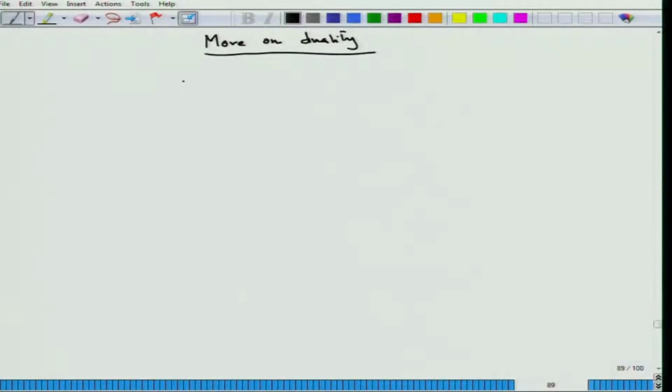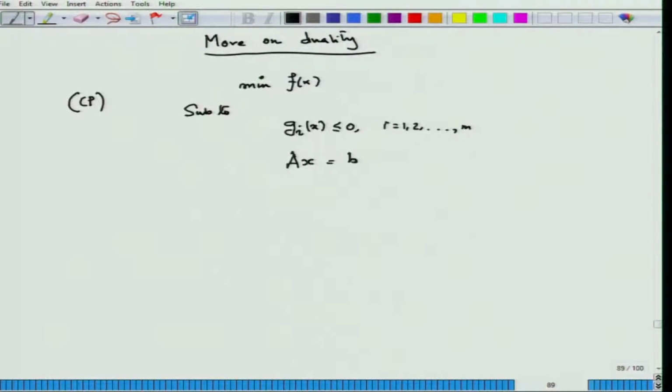So, let us first look at the more general convex optimization problem, CP, in the more general form, where you are asked to minimize a convex function f subject to the inequality constraints and A of x is equal to b, where A is a k cross n matrix.